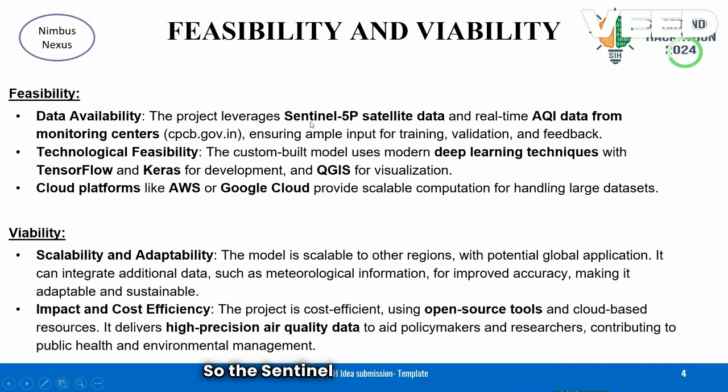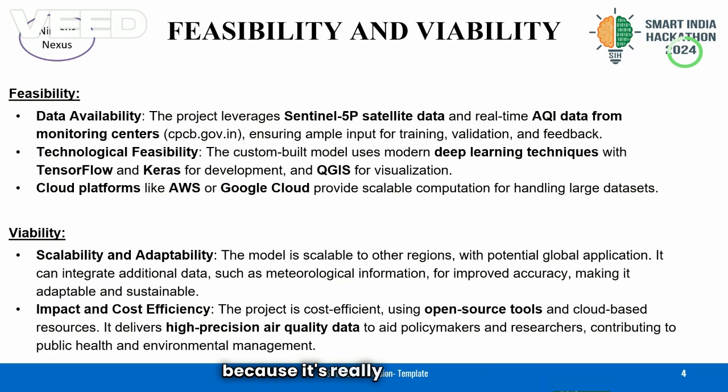The Sentinel 5P satellite data is really dependable from the Google Earth Engine. That's a great thing. And we are taking the AQI data from Indian government websites for training and validation. We also use other free libraries that are available, and even the AWS platform for handling large datasets. So viability is really good because it's really cost efficient.